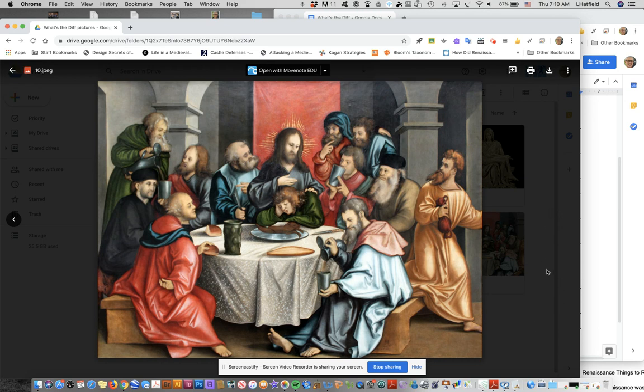Okay, so these are some big ideas, I would say, as to the difference between medieval and Renaissance art. You can also see very similar ideas when you look at the notes that you took on philosophy.